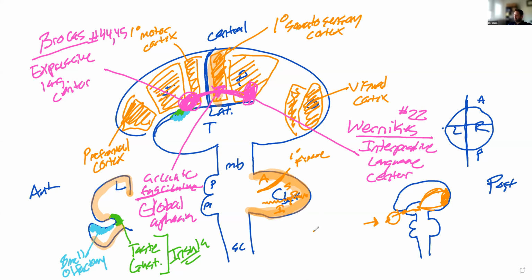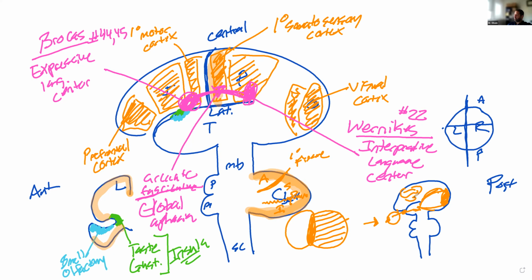And the cerebellum, from a posterior gross view, you will see that it looks different from the cerebrum, where in the cerebrum we have these gyri.